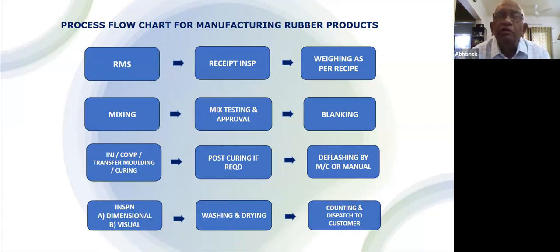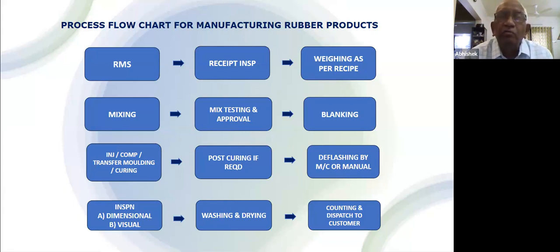As far as the rubber industry is concerned, there are a variety of rubbers and chemicals. So all the rubbers and chemicals, as per the quality plan, will be inspected and approved. Once approved, whatever formula is there, you have to weigh as per the recipe. After weighing, the next process is the mixing process, which I will tell you in detail in the next slide.